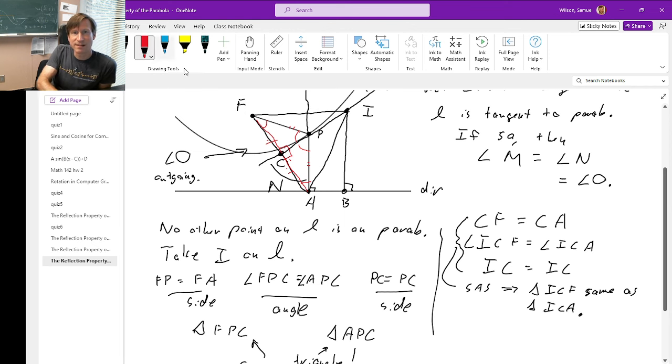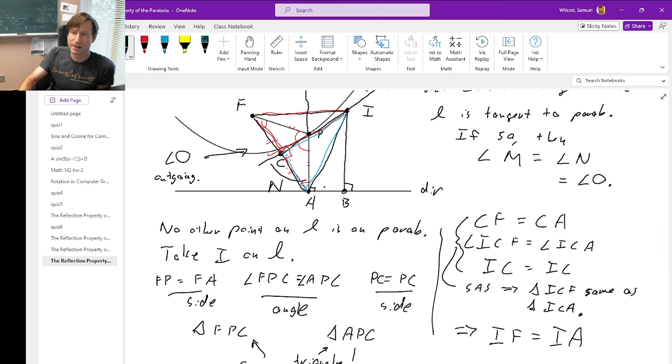Okay, that's these two, this big red triangle here and this blue triangle here. And in particular, that means that the line segment from I to F is equal to the line segment from I to A. Okay, so this top red side is the same as this right blue side.